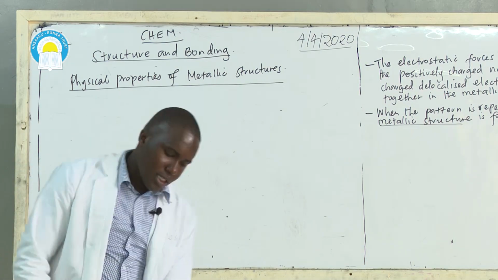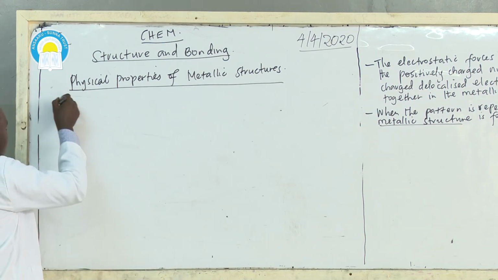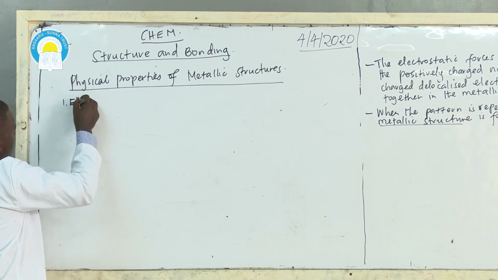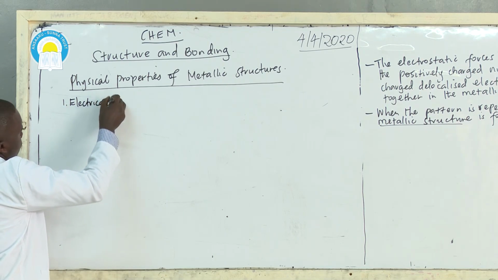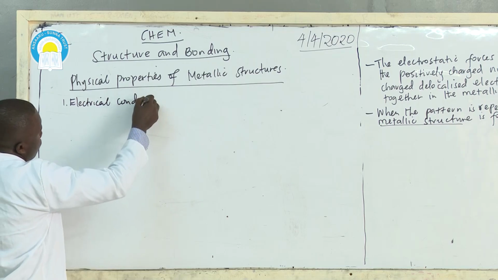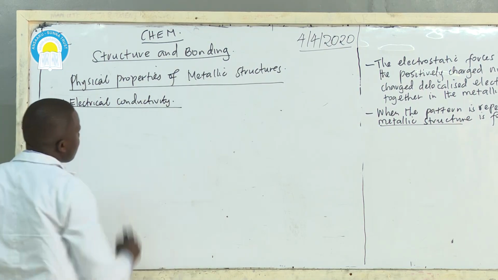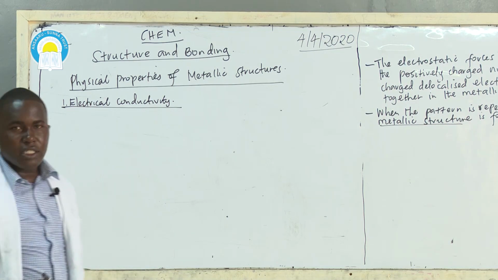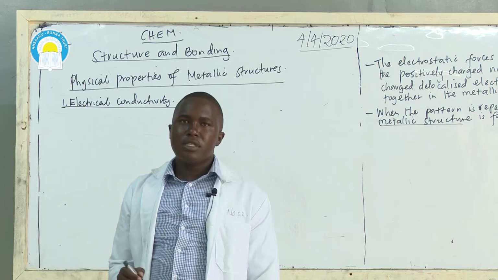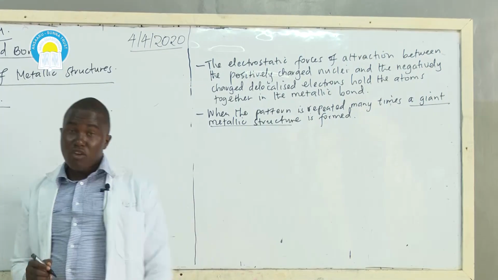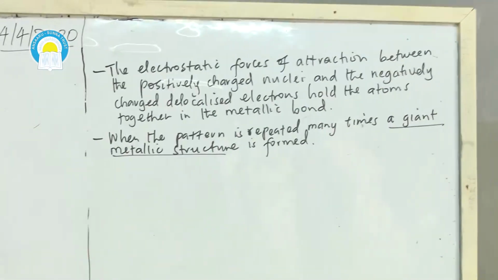One is electrical conductivity. Because these are metals involved in this kind of bonding, we know that metals are good conductors of heat and electricity.